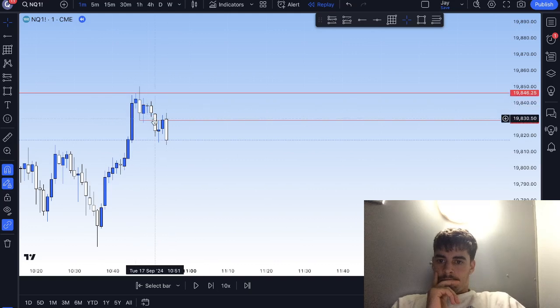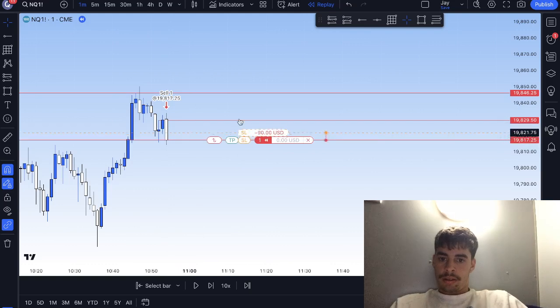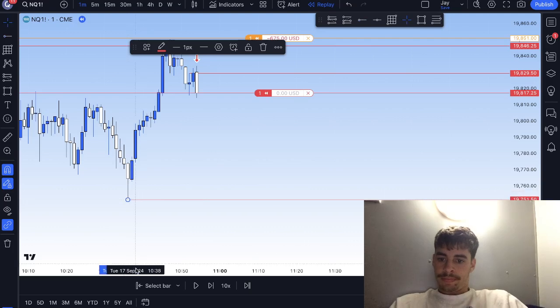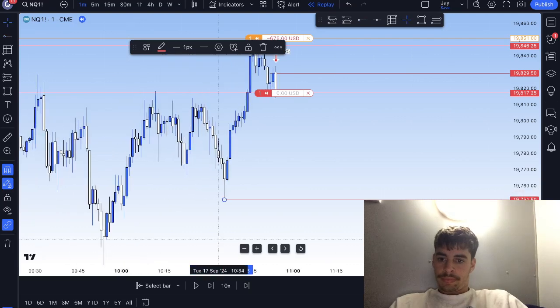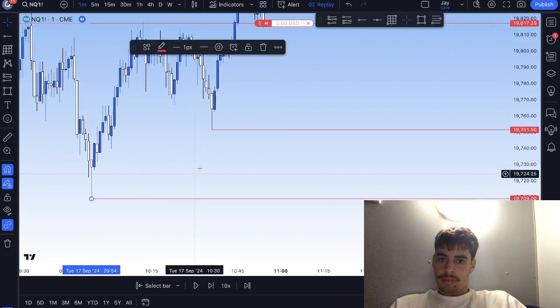Okay, we have also got this fair value gap right here. Touch in, bearish candle out, sell here, stops above liquidity, TP1, TP2.